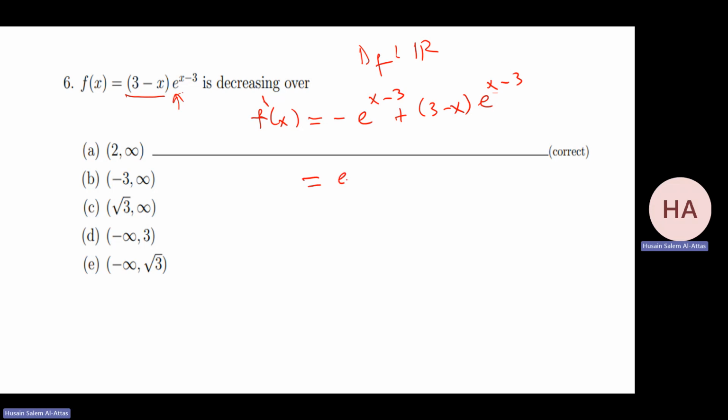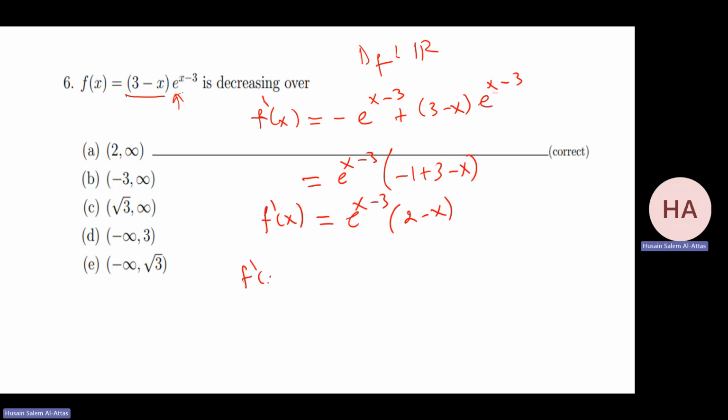So I have e to the x minus 3 as a common factor. I have what? Minus 1 plus 3 minus x, and that will be 2 minus x. Yes, that will be my f prime.